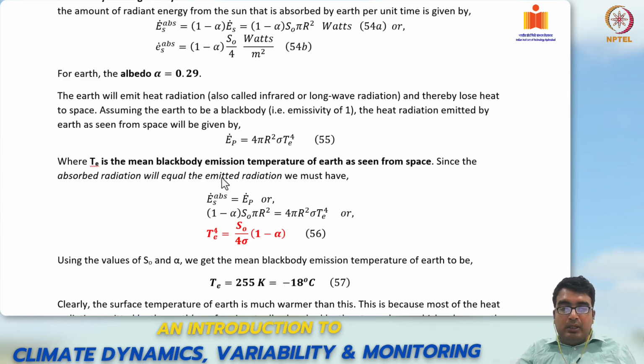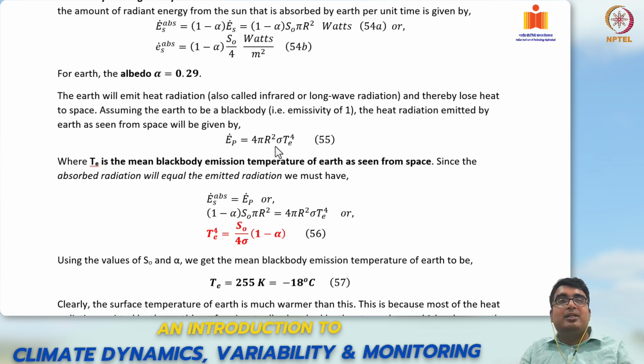We can use this expression, E dot S absorbed equals E dot P. We simplify this expression to get TE to the power 4 equals S0 by 4 sigma into 1 minus alpha. This expression helps us to determine the emission temperature of Earth and, in general, of any planetary body or satellite. These expressions are entirely general.